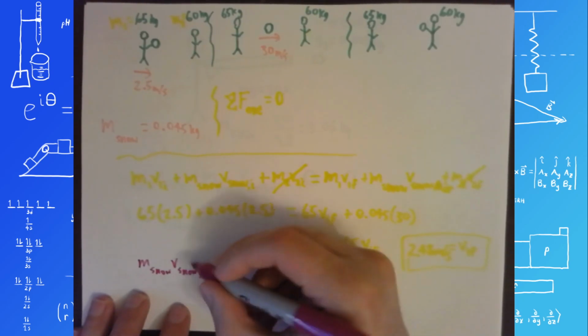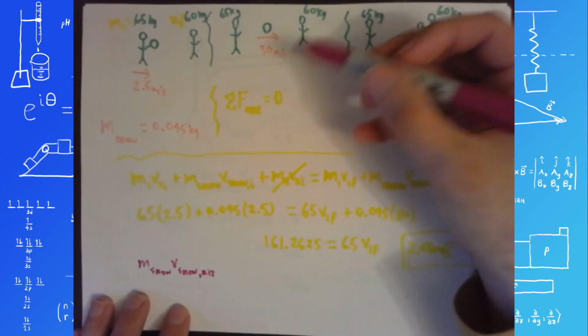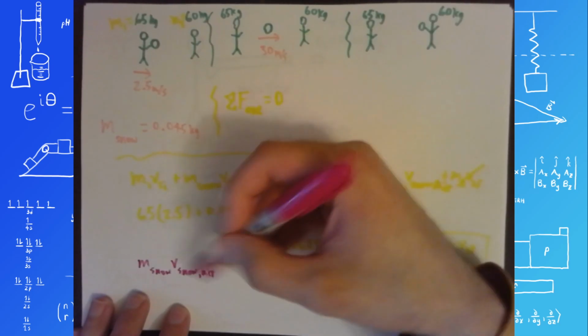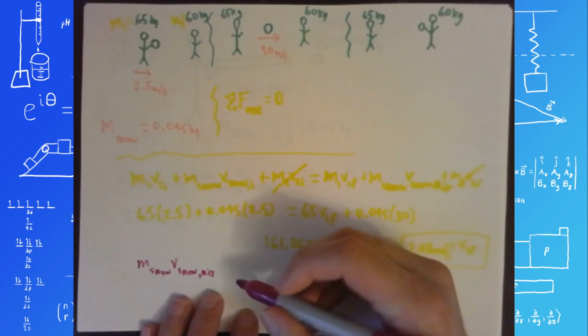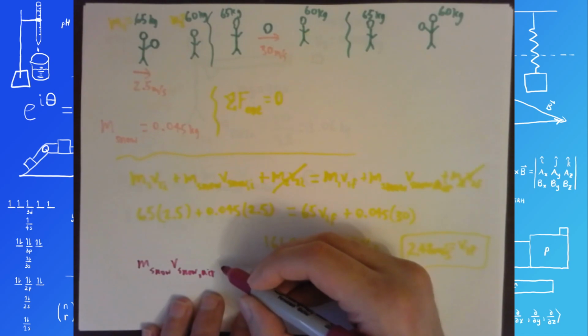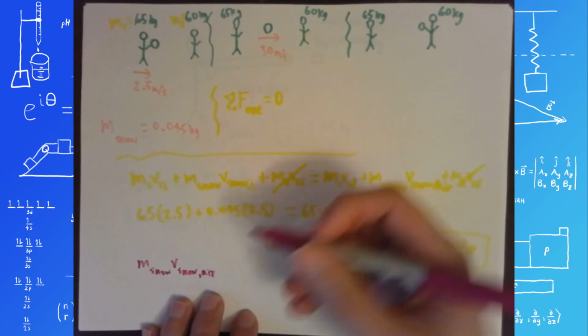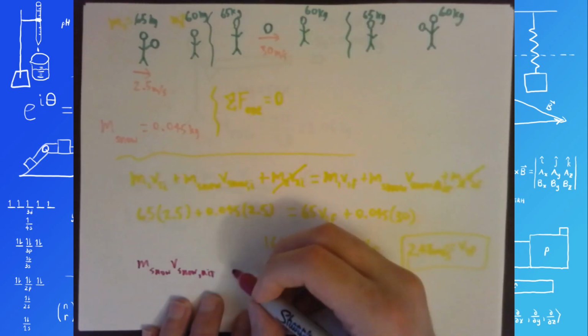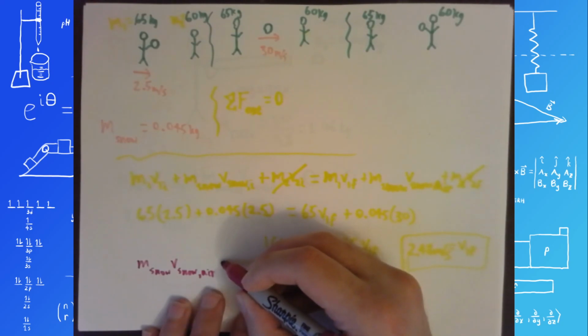Specifically just the x component of it, because we mentioned we're just doing conservation of momentum in the x direction, so don't bother with calculating the y component of its velocity.